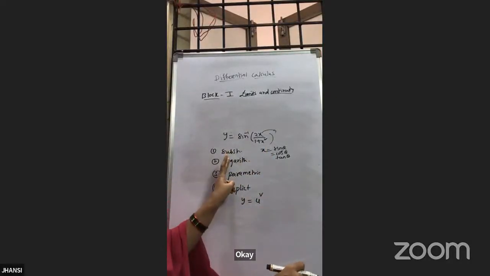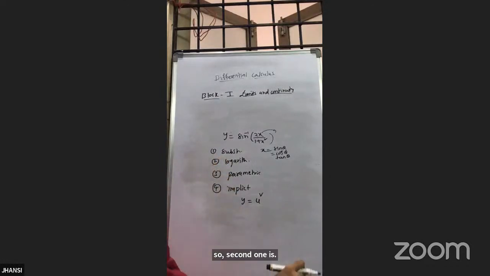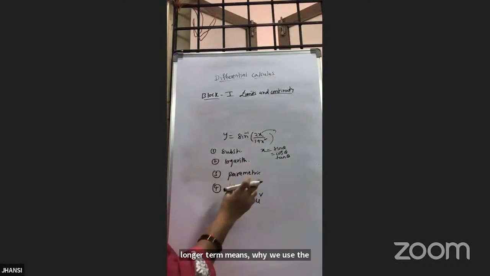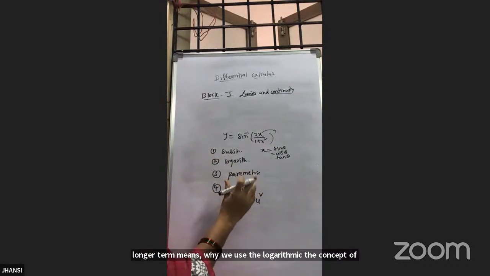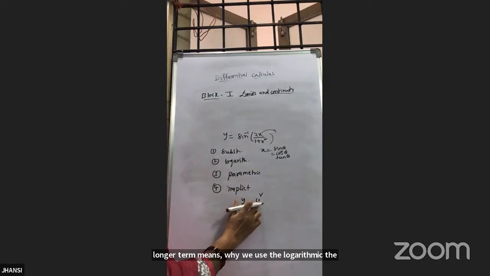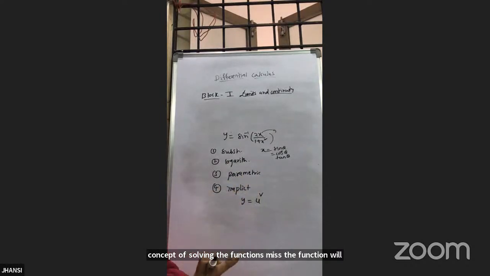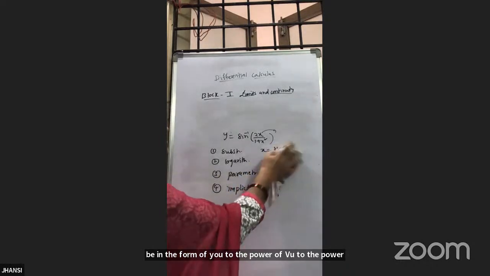So the second one is logarithm. Why we use the logarithmic concept for solving functions: when the function is in the form of u to the power of v, where u is one function and v is another function.